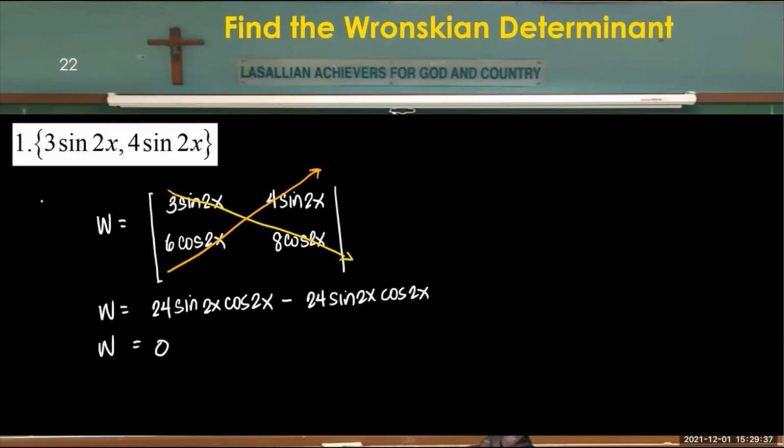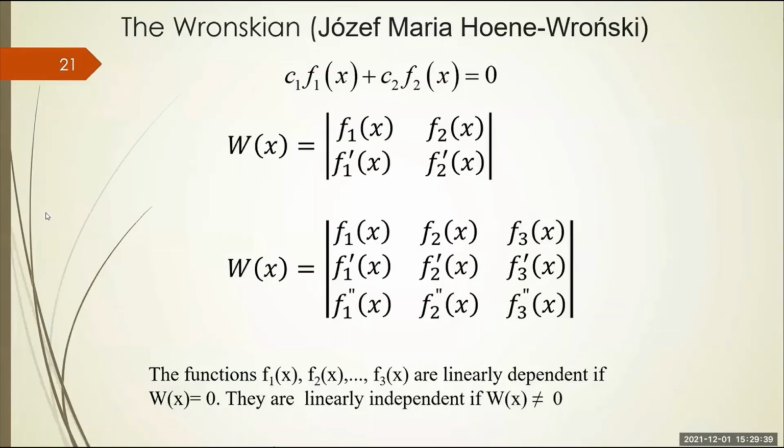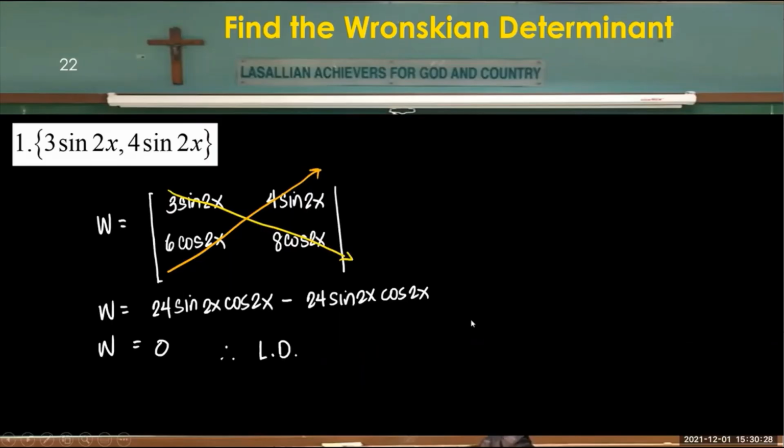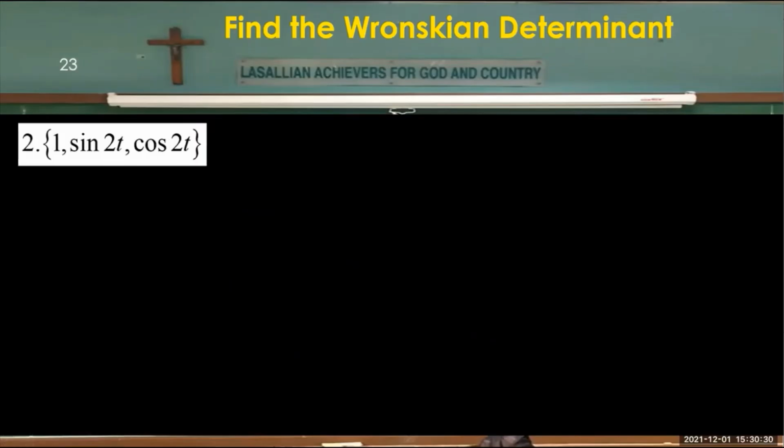The Wronskian gives us 0. According to the definition, when the Wronskian is 0, what do you call this? That's linearly dependent.